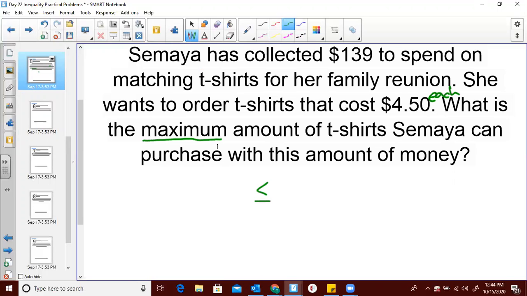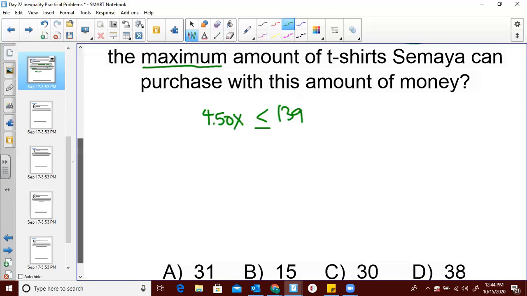We have our $4.50 each. So that's going to be $4.50 variable. And we have a total of $139 that she has collected to spend. Right, and just like the last one, this is a quick one step. If you want to put that other zero there, that's fine.